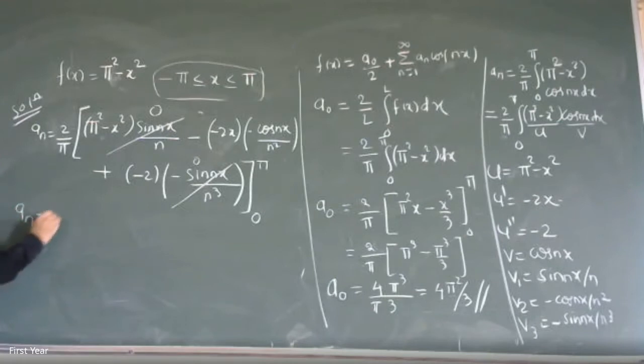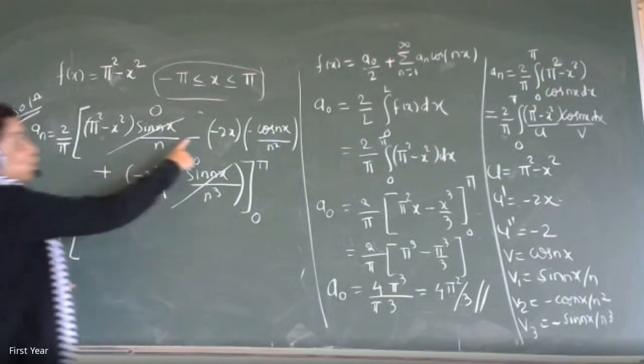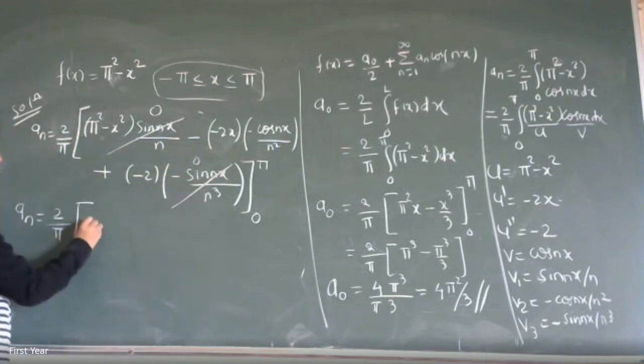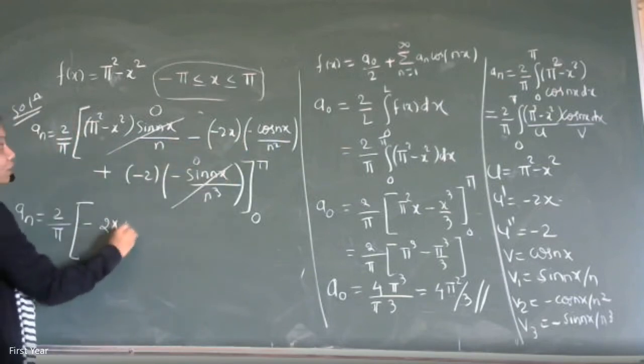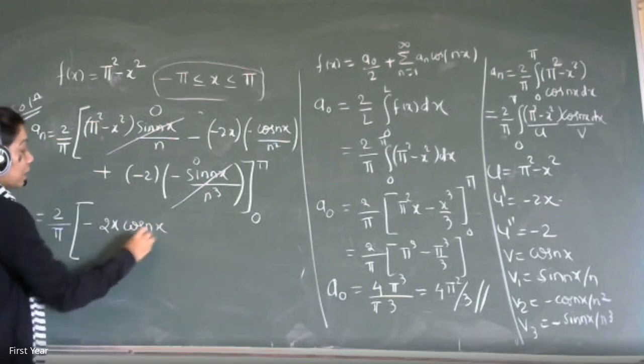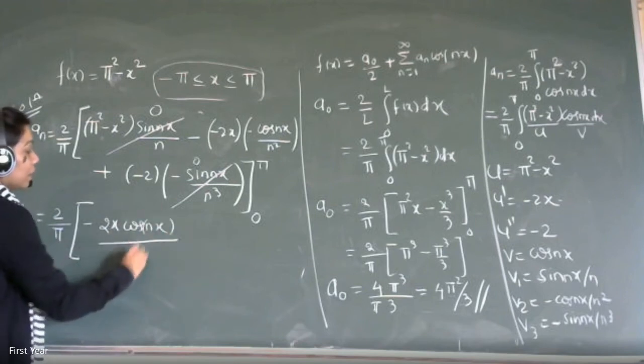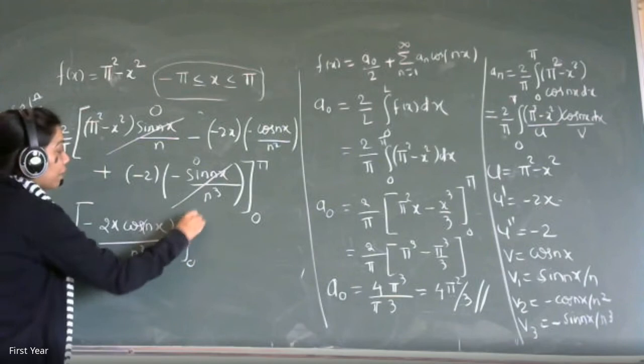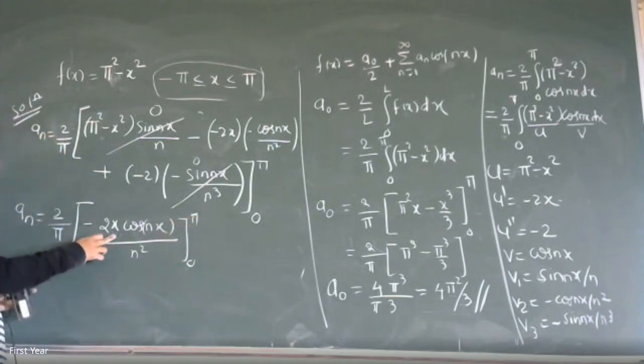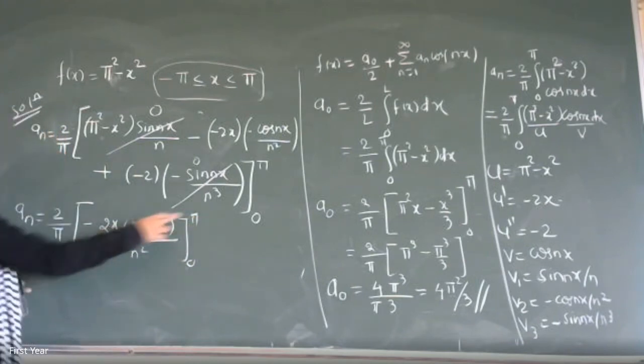So an, which is 2 by pi, how many minus signs? 1, 2, 3. So it will be minus 2x into cos of nx upon n square from 0 to pi. Lower limit, when you put x is equal to 0, it will be 0. Only the upper limit will remain.